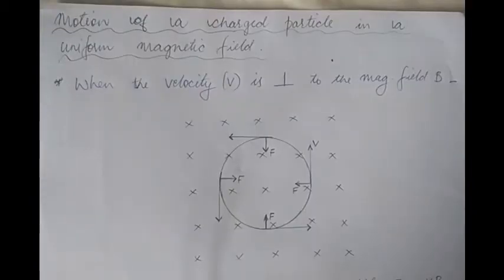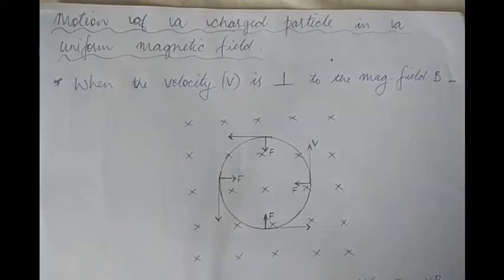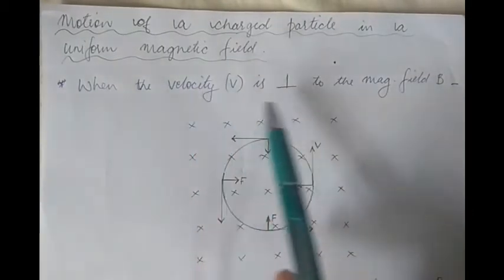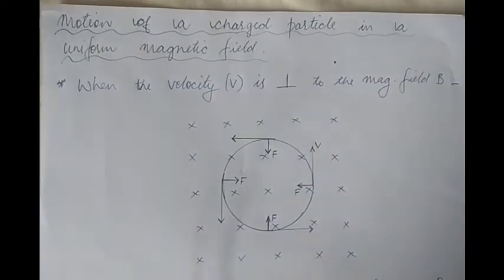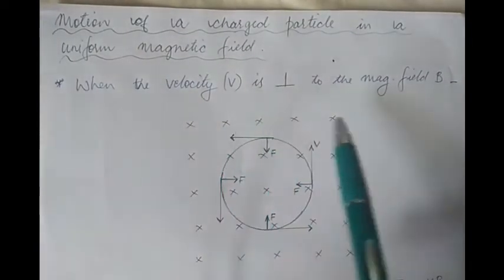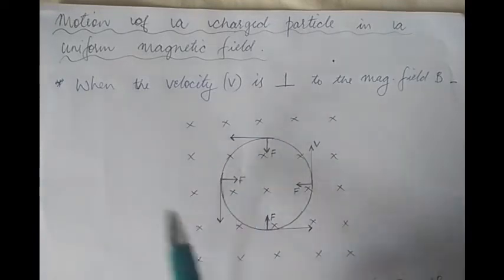Now let us give a look at what the motion of a charged particle moving in a uniform magnetic field will be like. And we discussed the case wherein the velocity of the charged particle is perpendicular to the magnetic field. So the crosses that you see in here are representing the magnetic field.